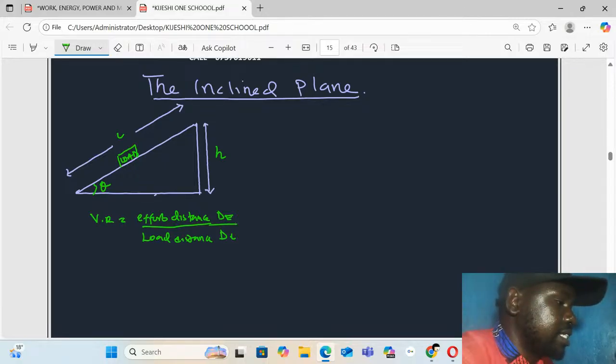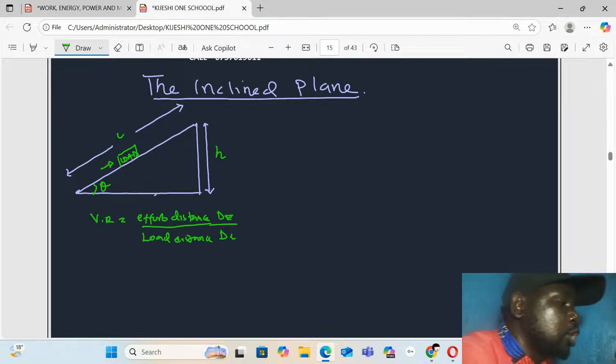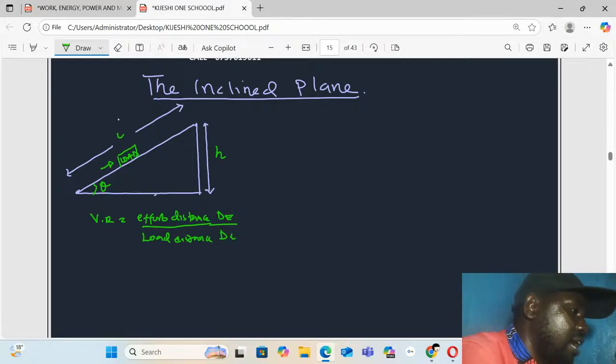Now the question is, where do we have the effort distance and where do we have the load distance? Remember, the person who is pushing, or else the applied force, will be here. So it is pushing this load along the L distance, where you can see our L here.